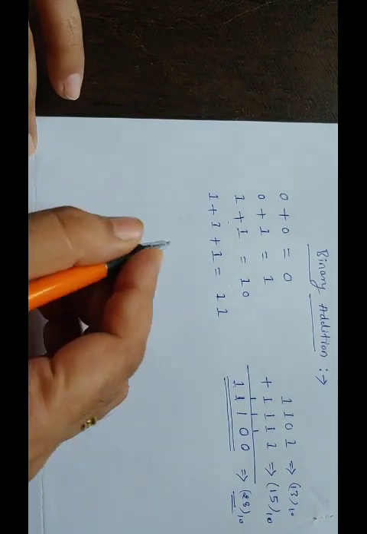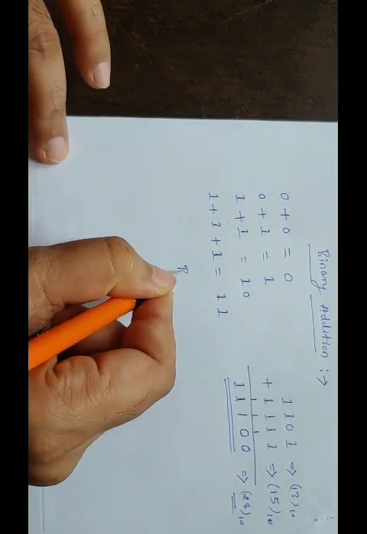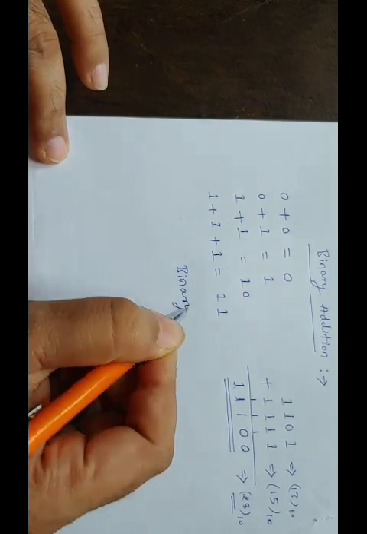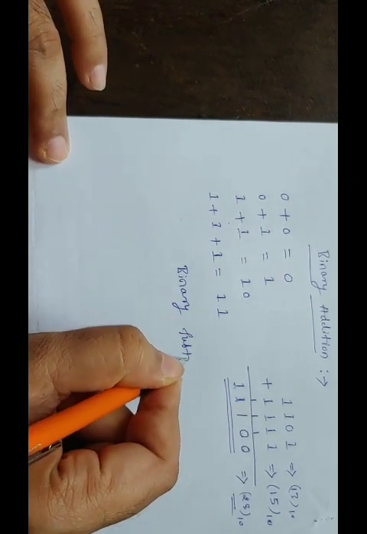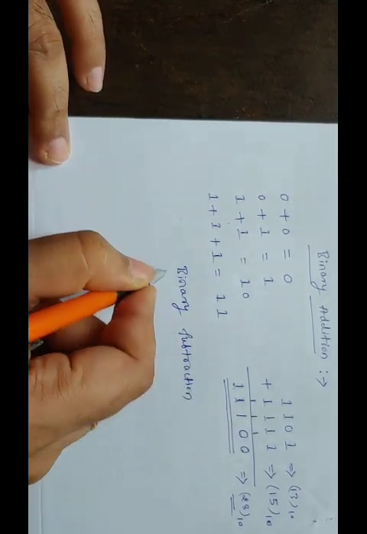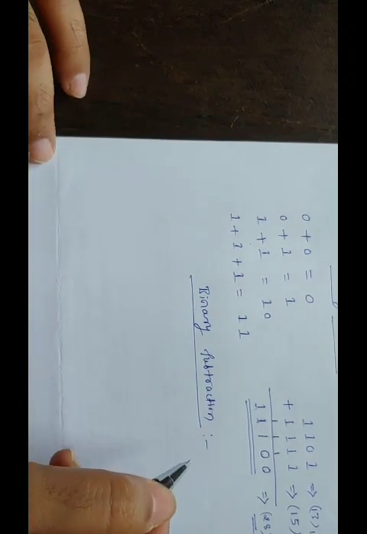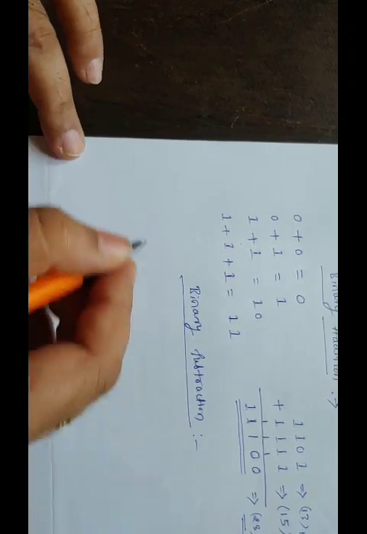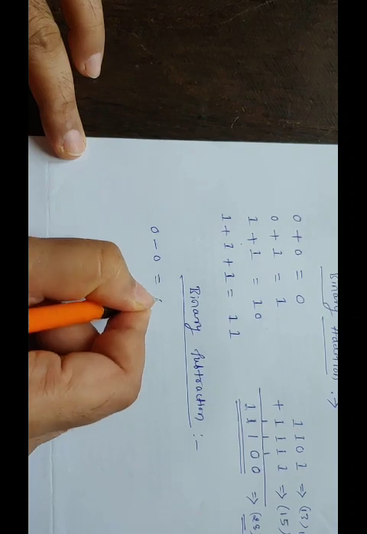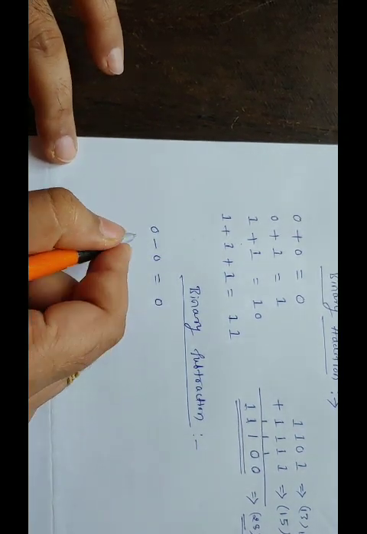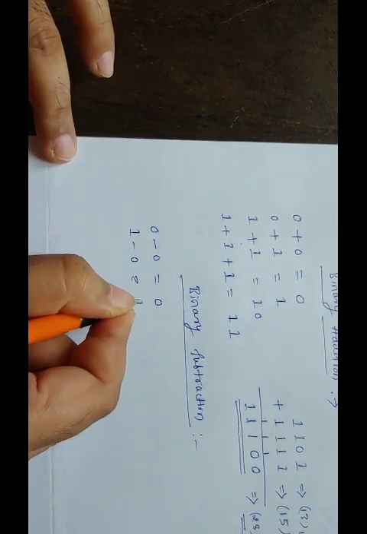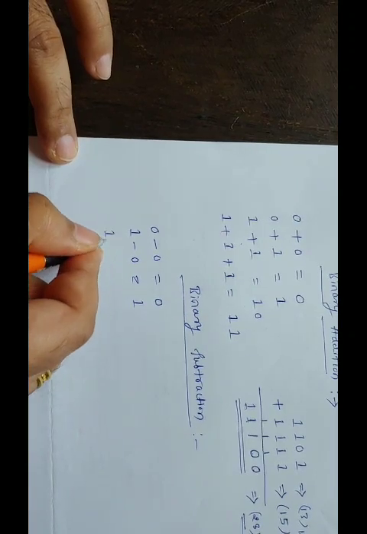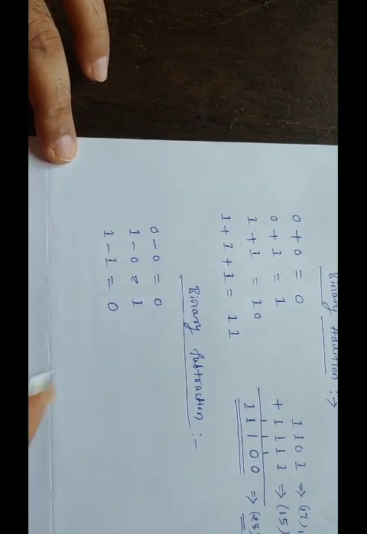Similarly, going for the binary subtraction. Again here, 0 minus 0, we will get 0. Suppose there is 1 minus 0, you will get 1. 1 minus 1, you are going to get a 0.